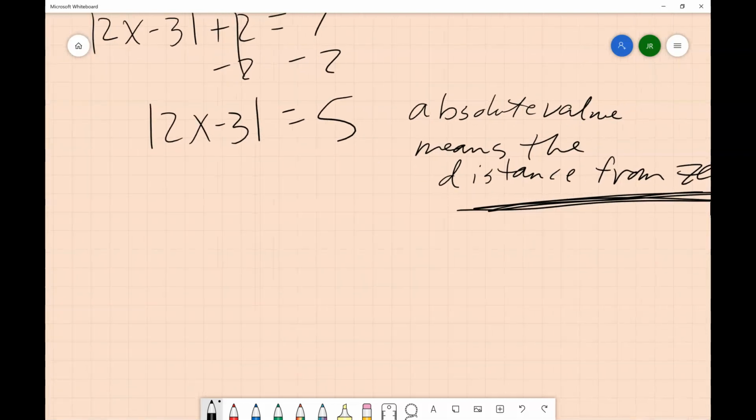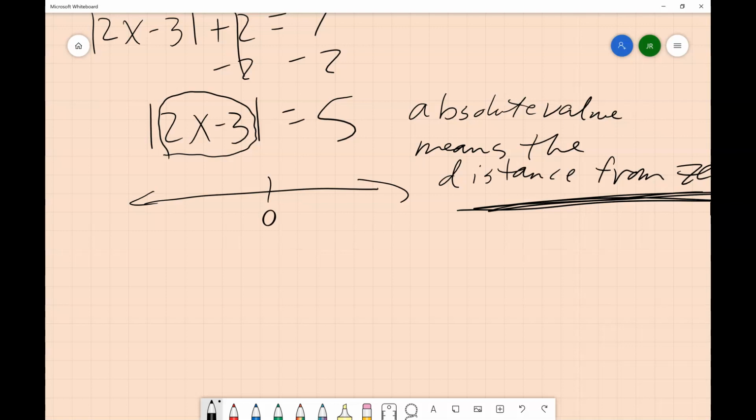So whatever is in here, in this case the 2x minus 3, it means that the distance of 2x minus 3 from 0 is 5. Or let me say it another way: 2x minus 3 is 5 away from 0. Well, let's look at a number line. Here's 0. What is 5 away from 0? 5 is 5 away from 0, but what else is?